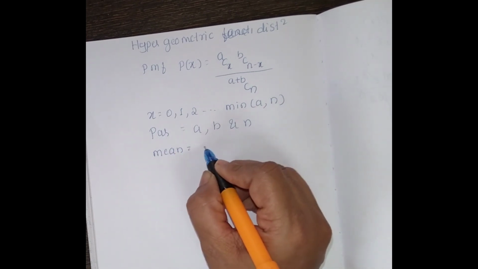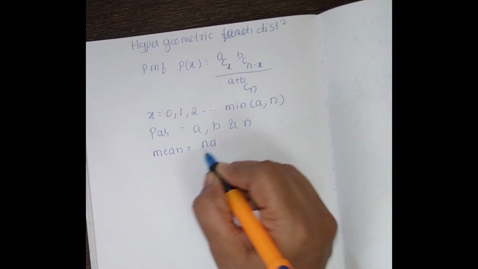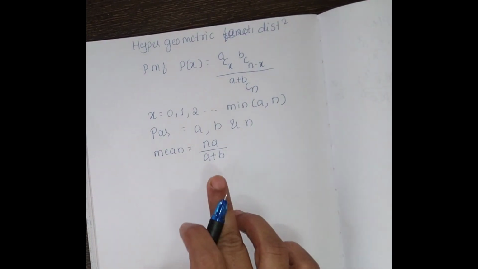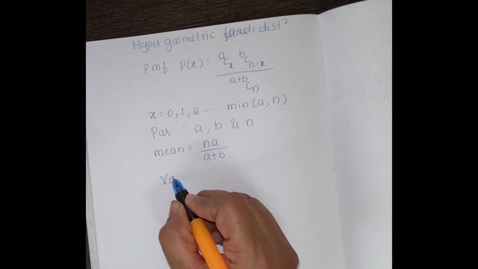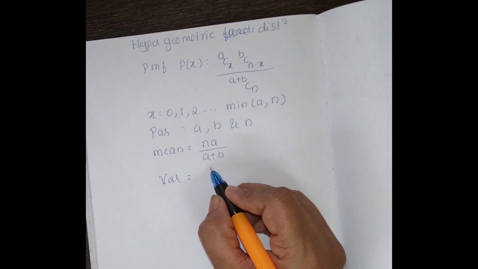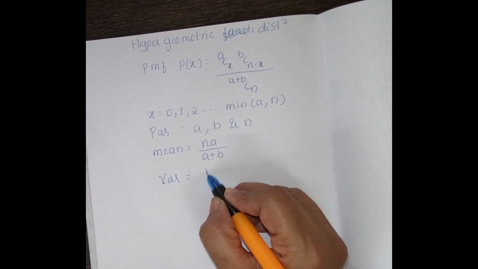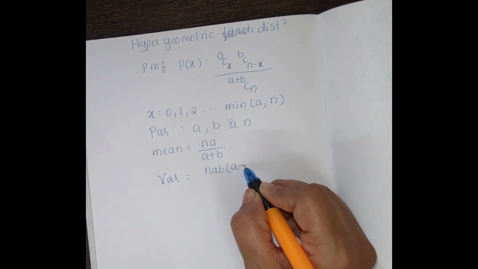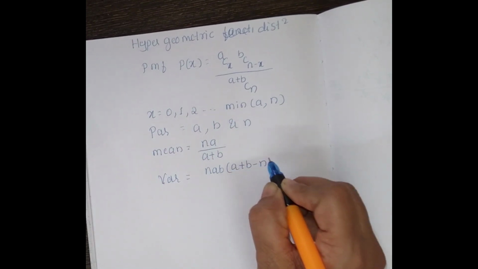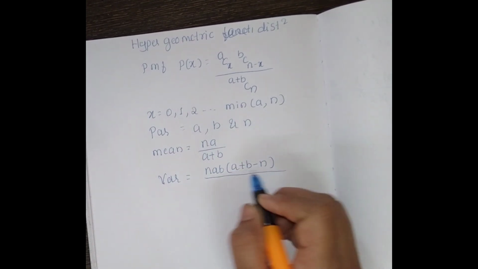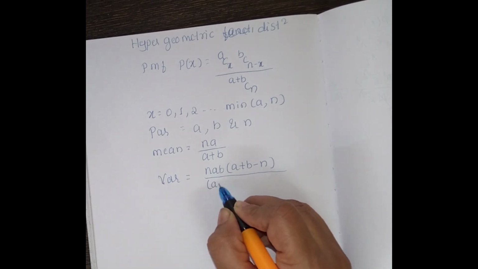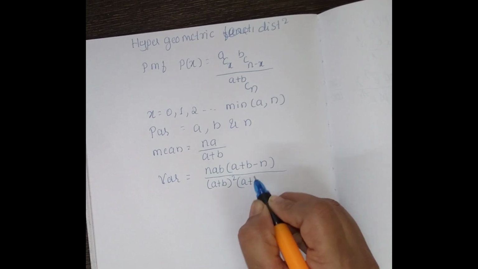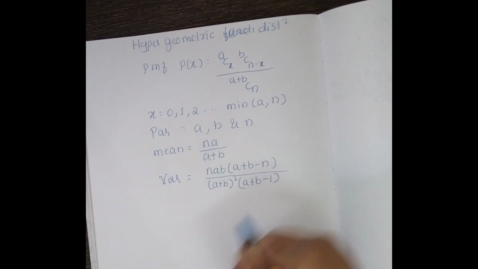Mean is equal to nA divided by A plus B. Then what is the variance? Variance is equal to nAB into A plus B minus n, divided by A plus B whole square into A plus B minus 1.